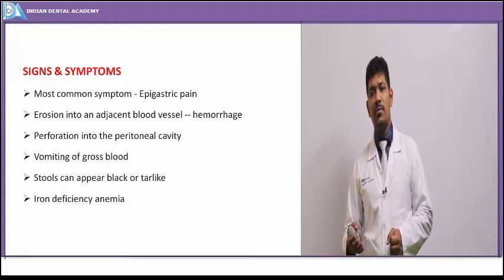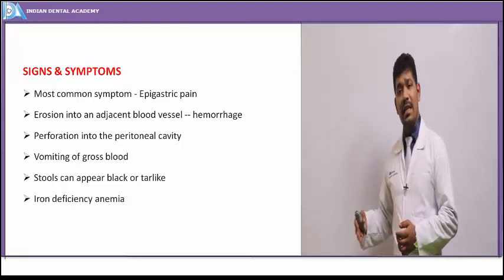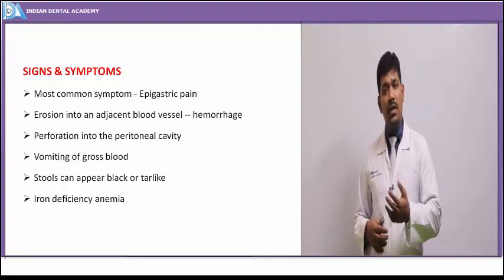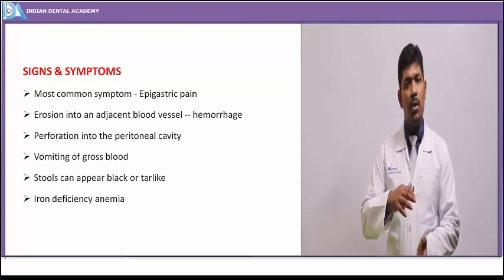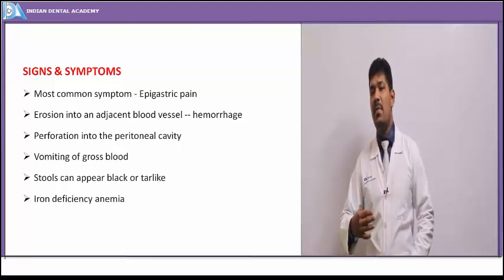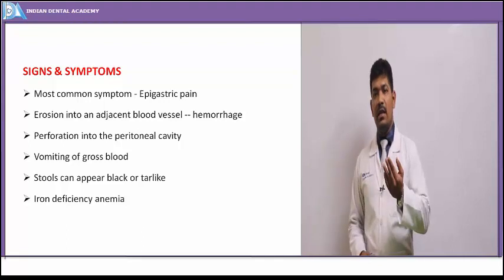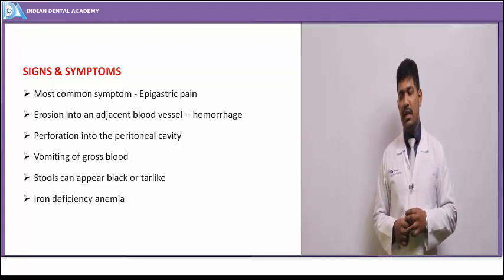There may be hemorrhage of this blood into the adjacent cavities, and vomiting of gross blood. Because of partial degradation of the blood into a brownish or blackish discoloration and its passage into the stools, the stools appear black or tar-like. That gives an indication of some kind of bleeding within the GIT.